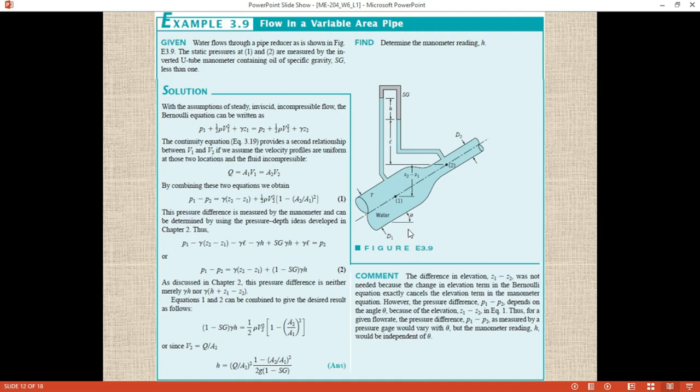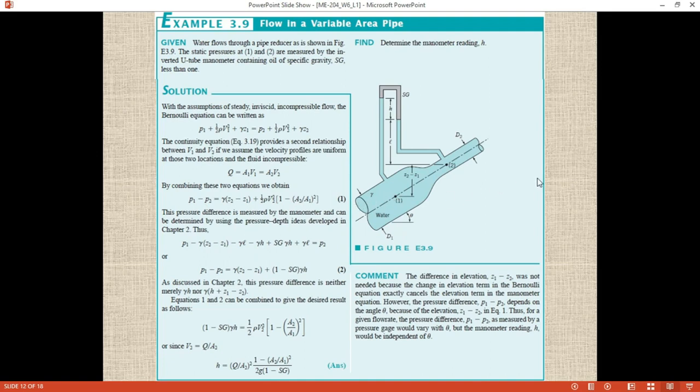So this is also another point. If you want to find P1 and P2, they depend on Z1 and Z2. If Z1 and Z2 vary, that means the pressure will vary. Why? Because there is a hydrostatic pressure. You see, the hydrostatic pressure at point 1 is less, the hydrostatic pressure at point 2 is more.